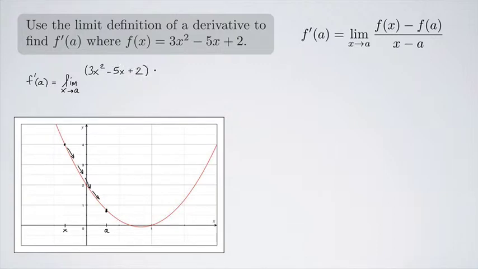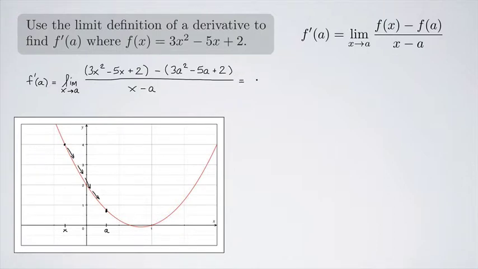Minus f of a. What's f of a? You take f of x, and everywhere you see an x, you put in an a. So we have 3a squared minus 5a plus 2. And then all of that is divided by x minus a.